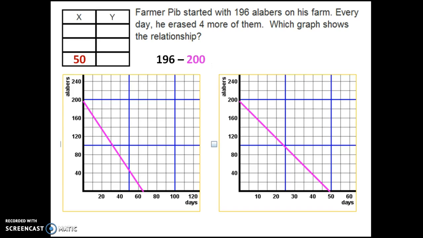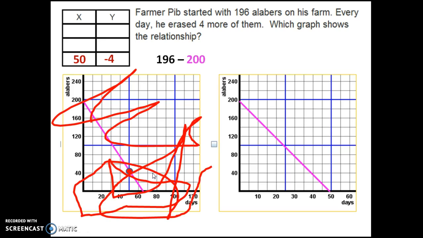So we have 200. So 196 minus 200 is negative 4. So we're looking for somewhere where we're at 50 to be at negative 4. Well, notice here at 50, we're at like 45, maybe 50 there. So that's not going to work for us. So this has to be our second graph.